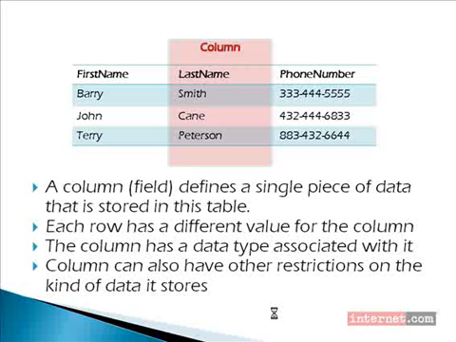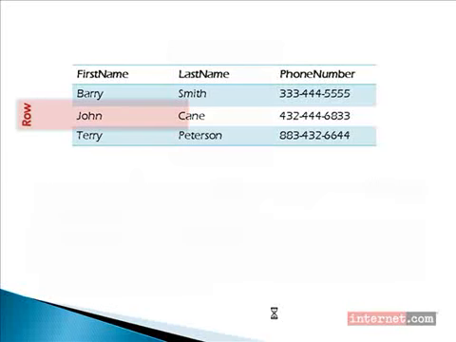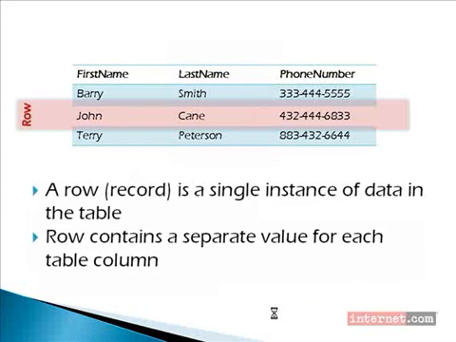For example, the phone number here has a particular arrangement of numbers, and that arrangement could be enforced by that column. So anytime someone inserts data into this table, that column is checked to make sure that the data is formatted correctly.